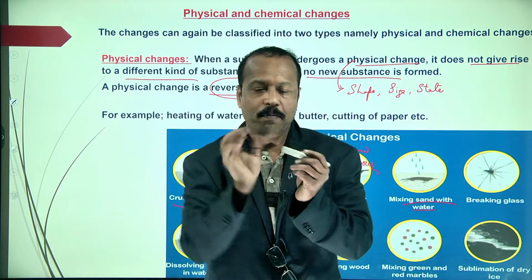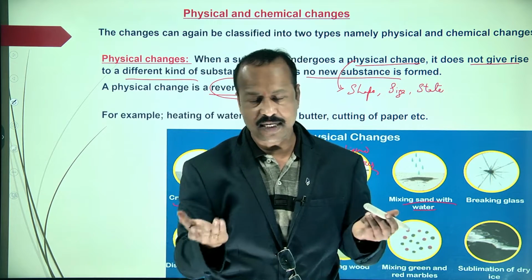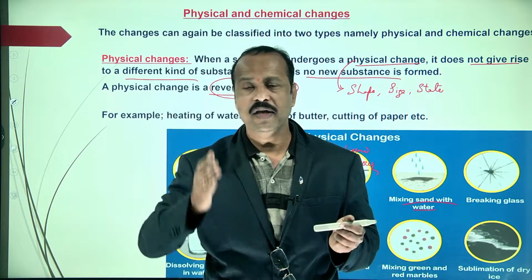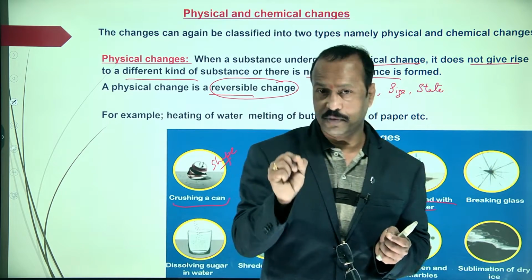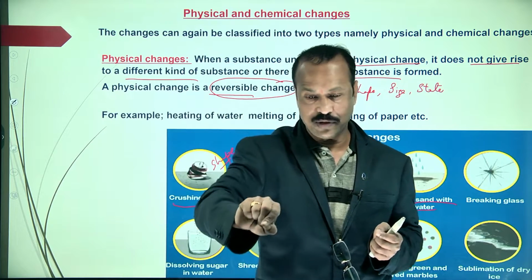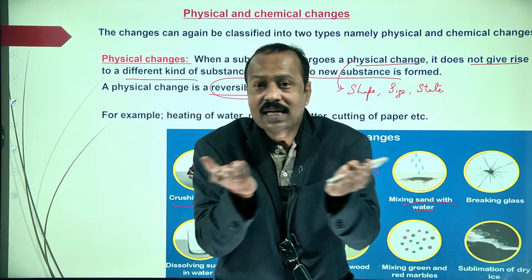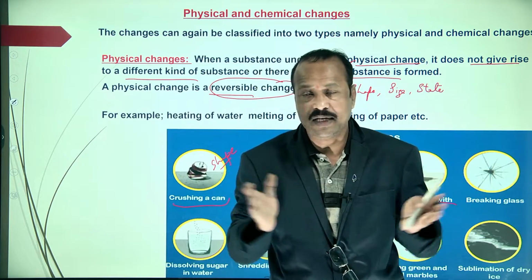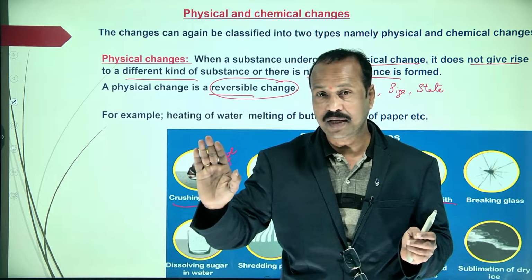If I'm breaking it into pieces, each piece is made up of plastic only, no? Is there any change in the composition? No. Even if you break the glass, glass will be converted into small pieces, but still glass is glass only. Yes or no? So there is no change in its composition, only physically it was broken. Physically it was broken, but no new substance is forming here.